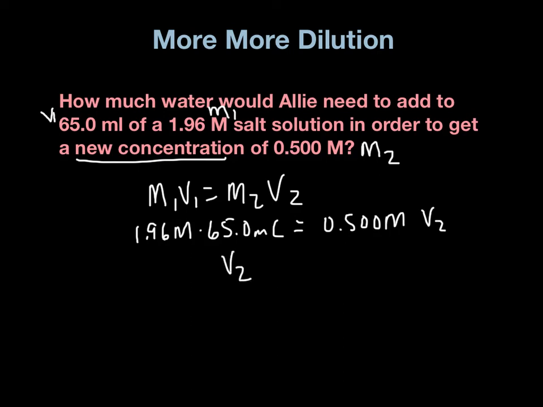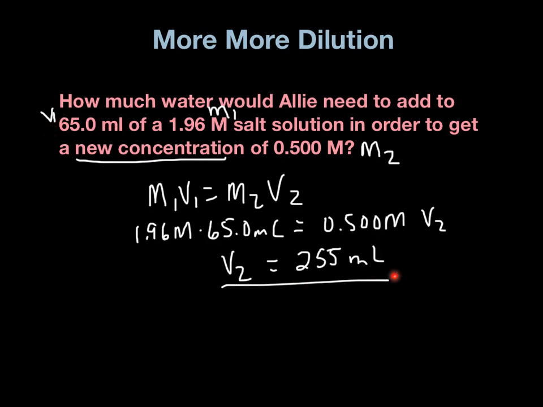So to solve for V2, I'm going to take 1.96 times 65 divided by 0.500. And I got 254.8, which we're going to put in the correct number of sig figs, 255 milliliters. And the question, this is my final volume right here, but remember the question says how much water would I have to add to this? I started out with 65 milliliters, 65.0 milliliters.